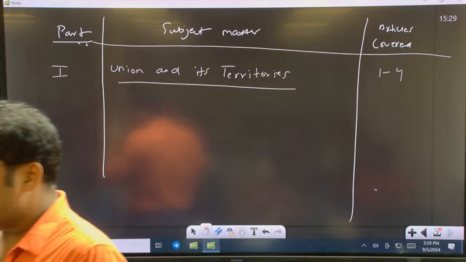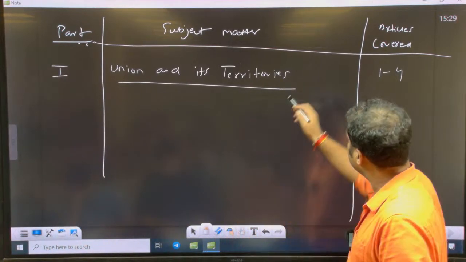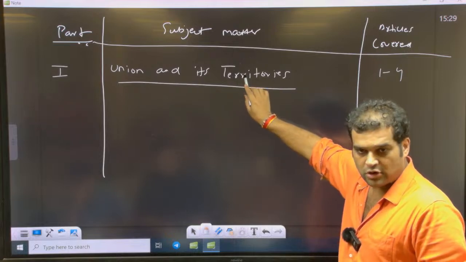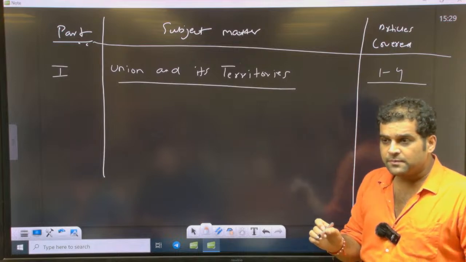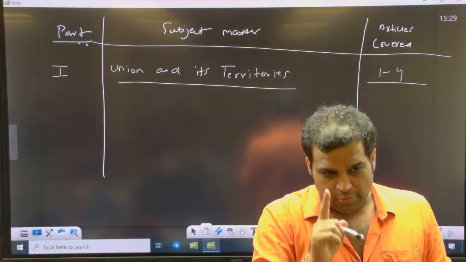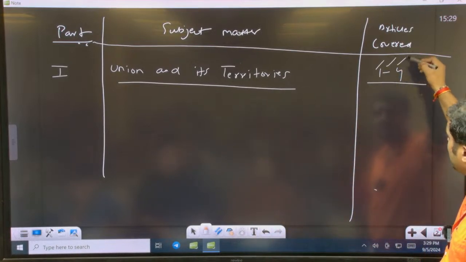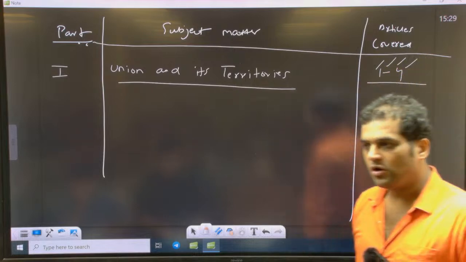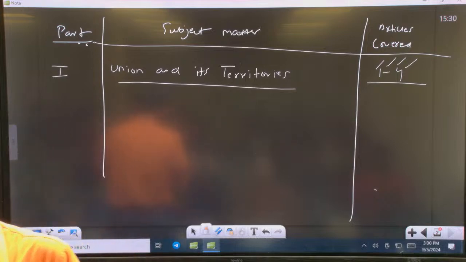That means proper amendments would need to be made in part 1, and the articles it covers, 1 to 4. If the territory of India gets increased or decreased, proper amendments would need to be made under articles either 1, 2, 3 or 4 or all of them put together, because the situation has now changed.